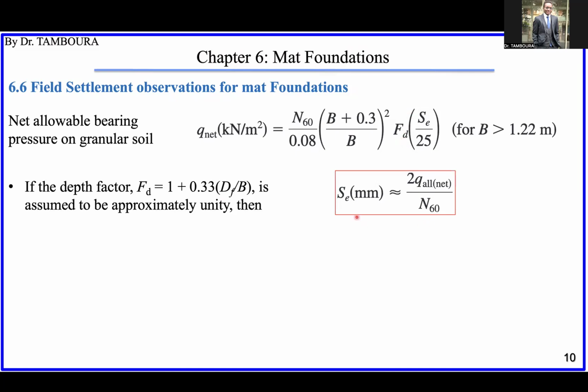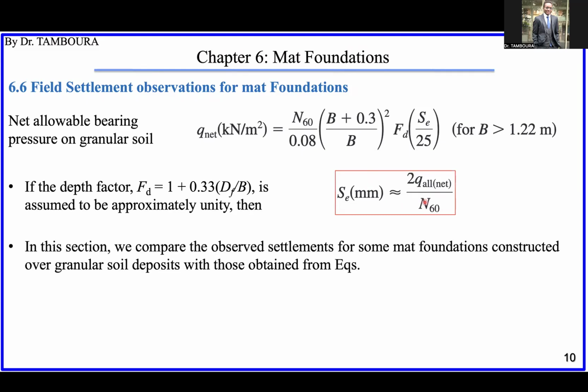Then the settlement can be obtained from this simplified equation. In this equation, of course, you need to know the ultimate net pressure, the ultimate bearing capacity, and the N value. So it is a very simple equation to obtain the settlement. Please note this is not differential settlement, it's total settlement.